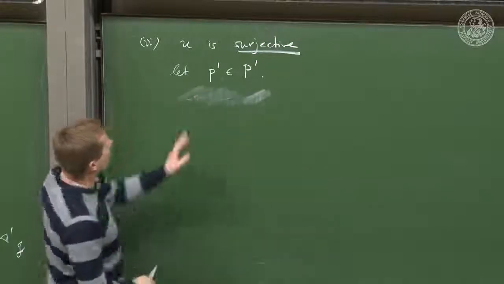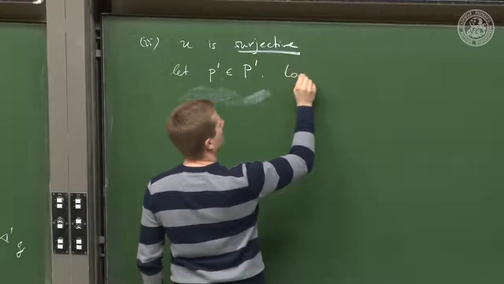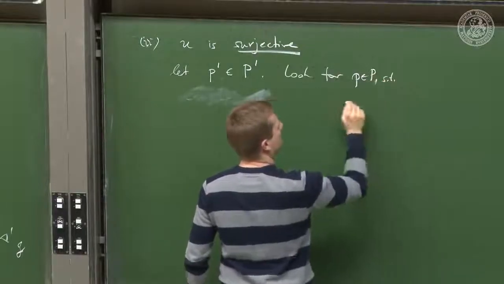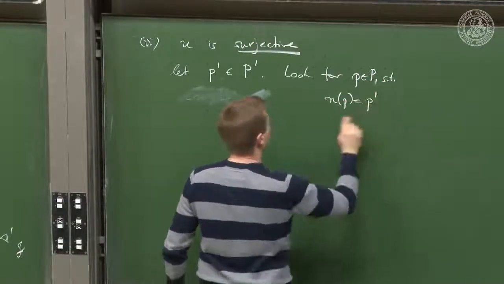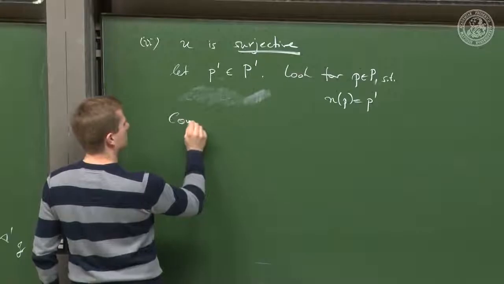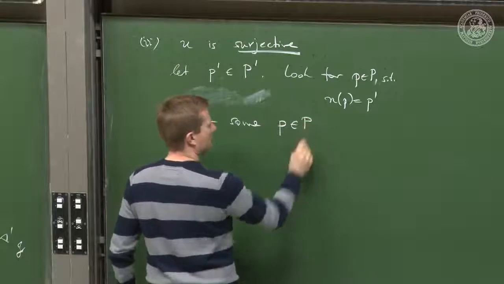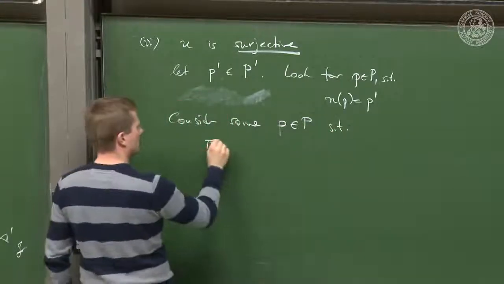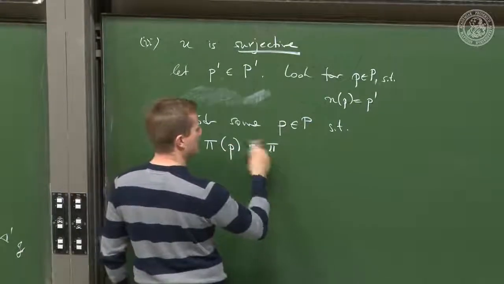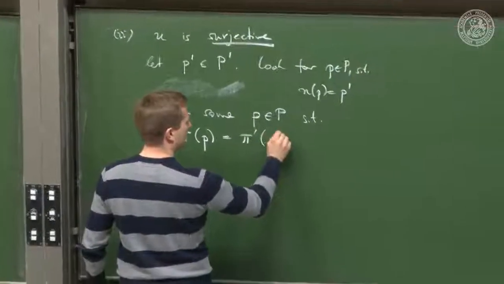So again, we're looking for a point P in P such that U of P is the chosen P prime. Okay? And consider some P in P such that pi of P has the same base point as the pi prime of the P prime has.